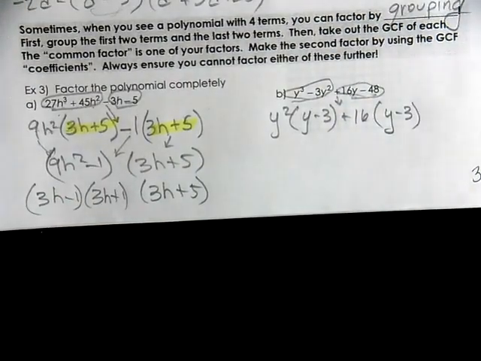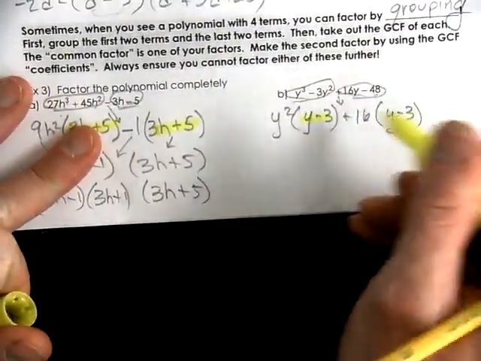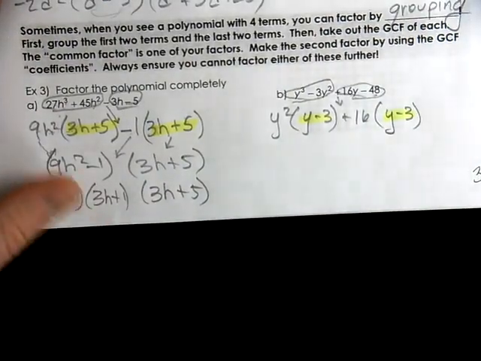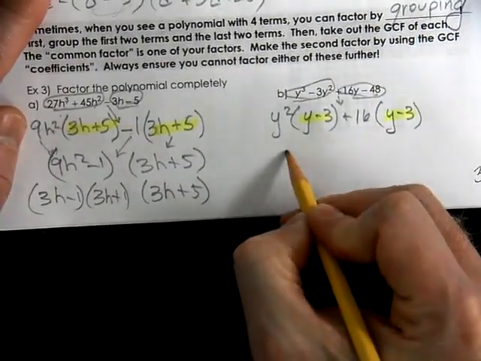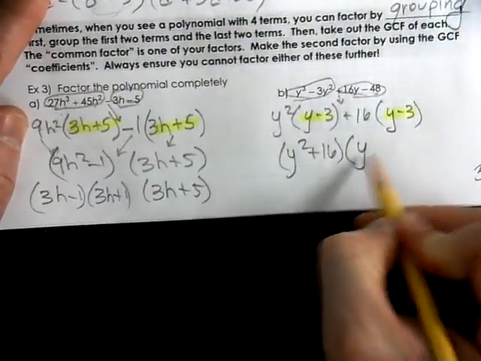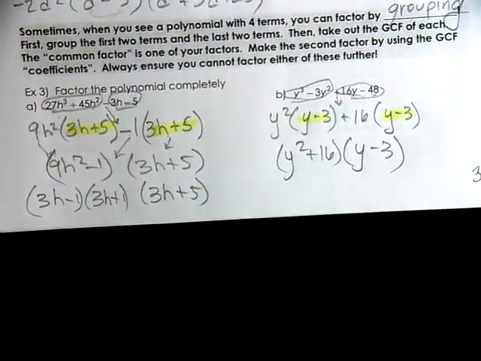Our parentheses are exactly the same. And we get y squared plus 16 and y minus 3.